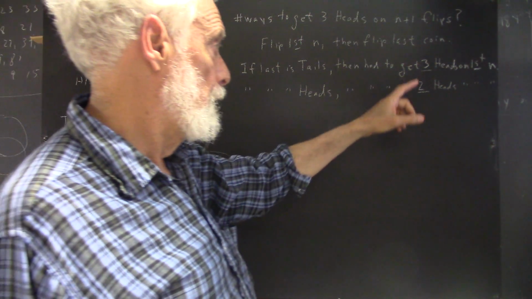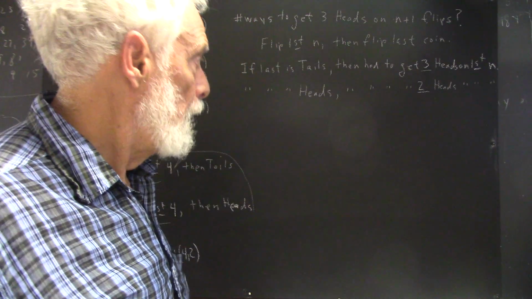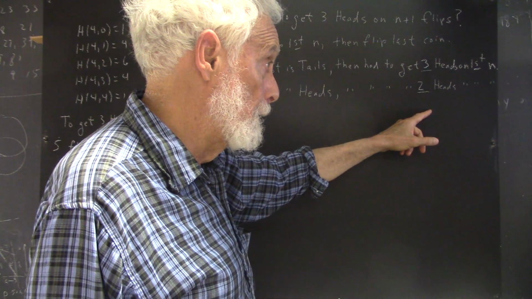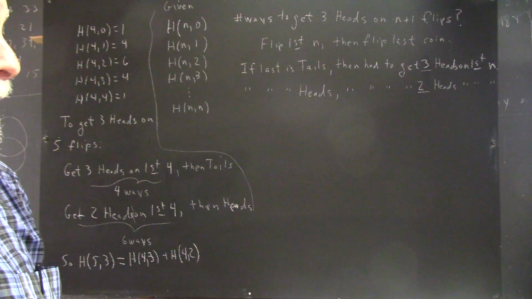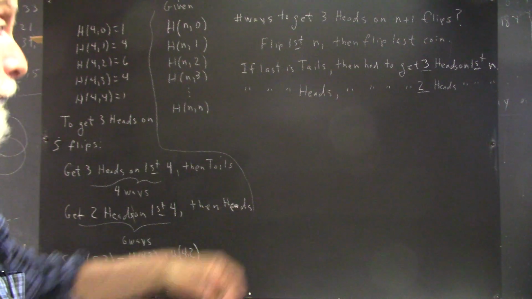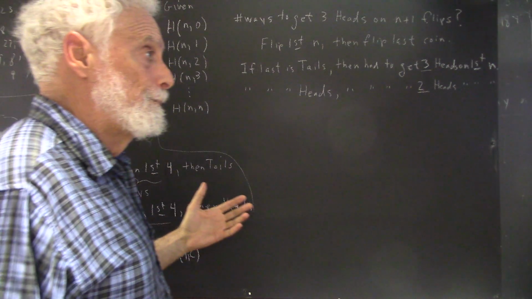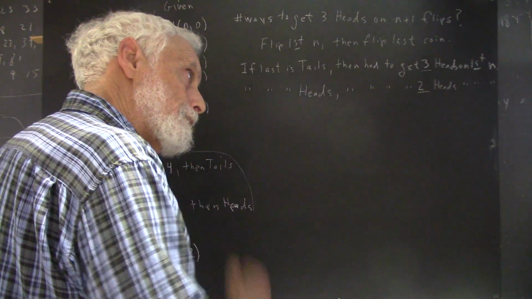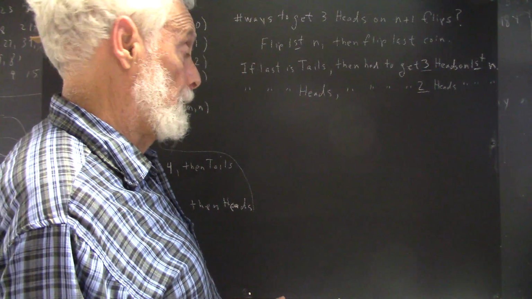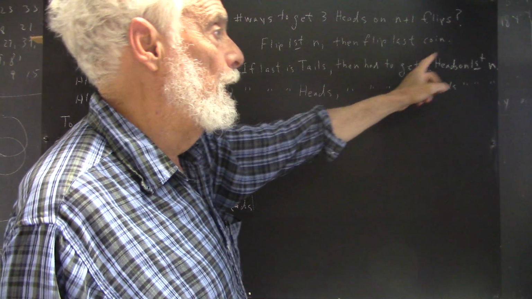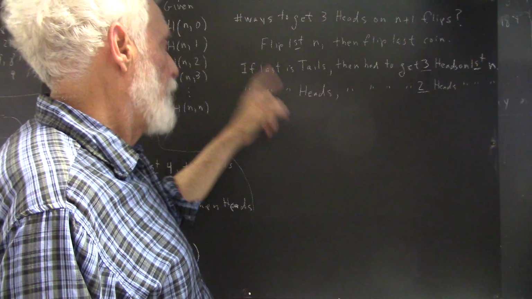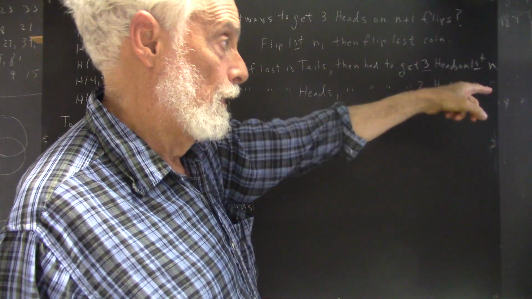And how many ways are there to get 2 heads on the first n? If we add the number of ways to do this to the number of ways to do this, we've got the total number of ways to get 3 heads when we flip n plus 1 coins. There's no other way to get 3 heads on n plus 1 flips. The only ways are tail on the last one, 3 heads on the first n, or heads on the last one, 2 heads on the first n.